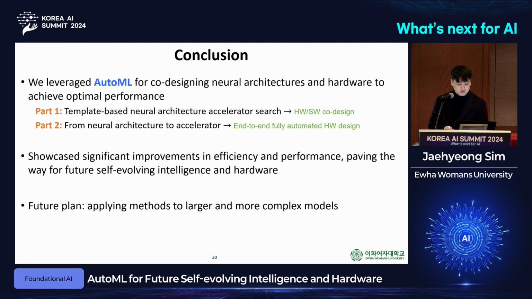So we showcase significant improvements in efficiency and performance, paving the way for future self-evolving intelligence and hardware. Our future work includes applying these kinds of methods to larger and more complex models. That's all my talk. Any questions?